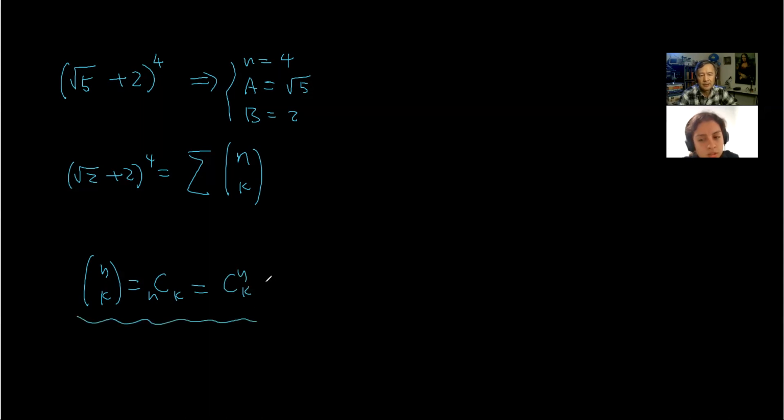If your teacher told you this notation, that is the notation for the combination. It denotes the same thing as nCk. They are identical. The formula is n factorial over k factorial times n minus k factorial.